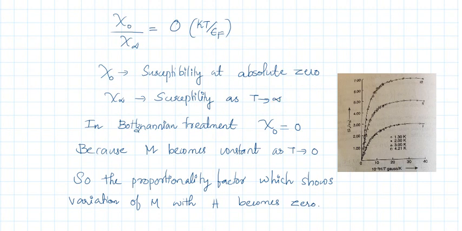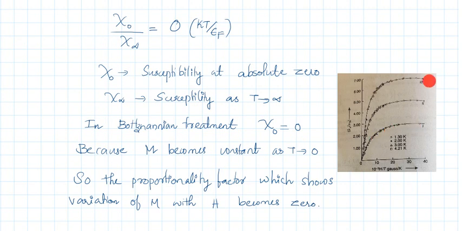Now, the important difference between Boltzmannian treatment and Fermi gas treatment is, in Boltzmannian treatment, χ₀ is 0. If you recall the graph in lecture number 14, there is magnetic saturation.